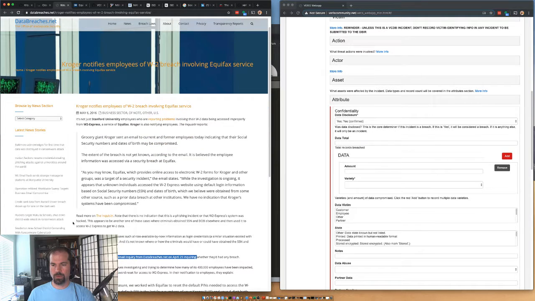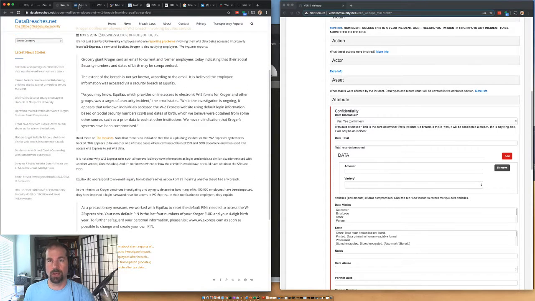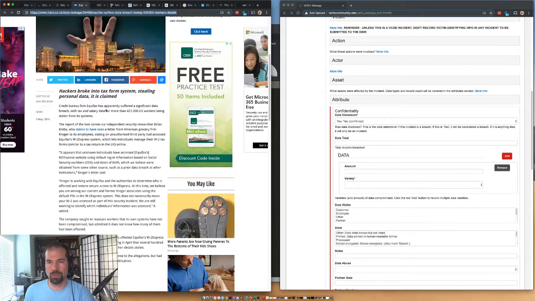Breach, indication is that phishing incident on the W2 system was hacked. This is a phishing incident, or that, well, that's really helpful, right? It was hacked or it was phishing. You just say you don't know, or just leave that part out. Yeah, they really don't say how many victims there were.